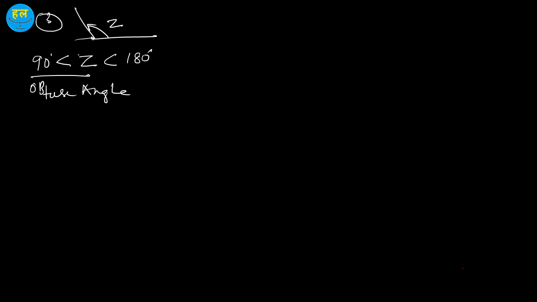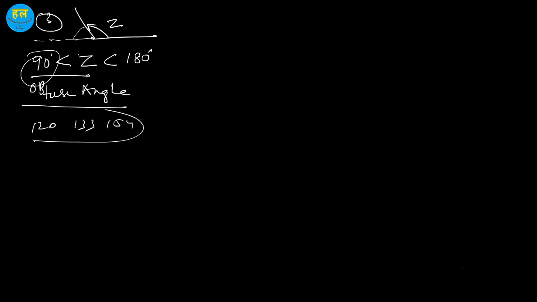What is 180°? This line is called 180° from here to here. So from 90 to 180, within this range, all the angles are called obtuse angle. That means 120, 130, 133, 154. All these angles are called obtuse angle.